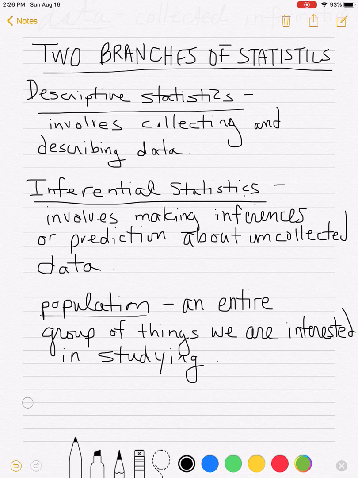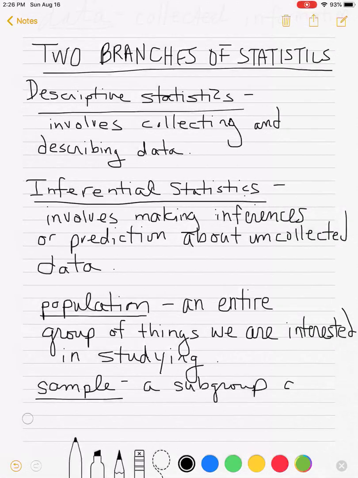A lot of times, though, you're not going to collect all the data for an entire population. Sometimes it's just too time-consuming, and it costs a lot of money, too, to collect that much data. So oftentimes we look at what's called a sample. A sample is a subgroup of a population.